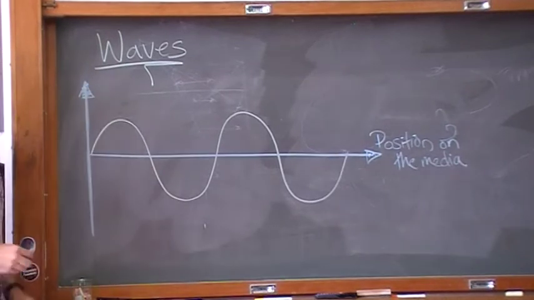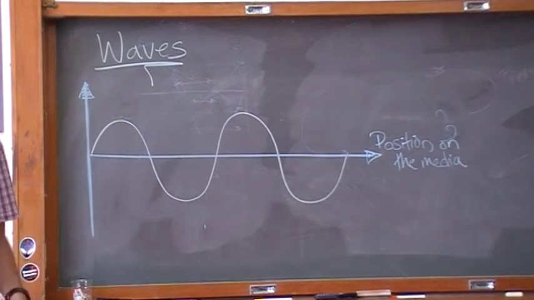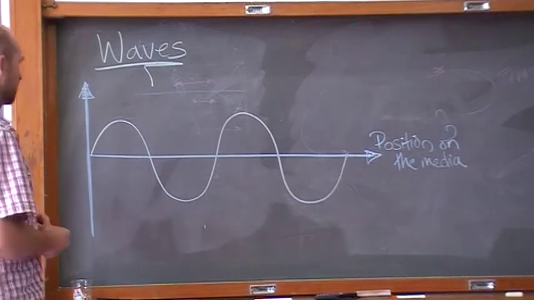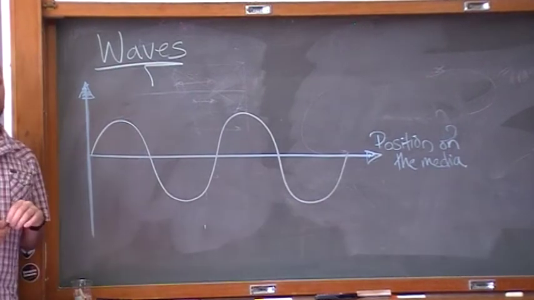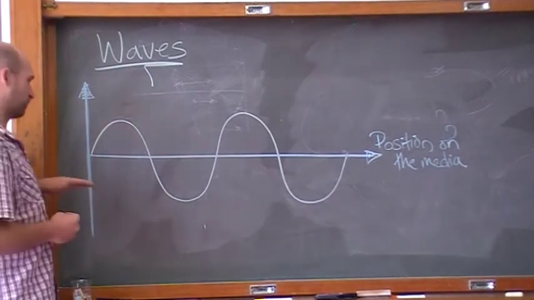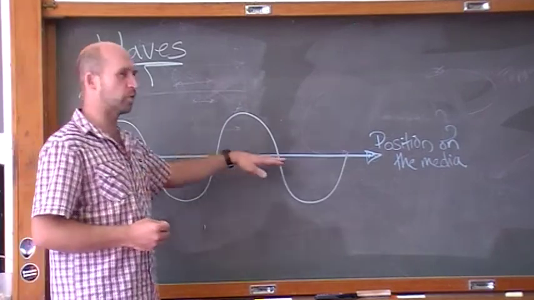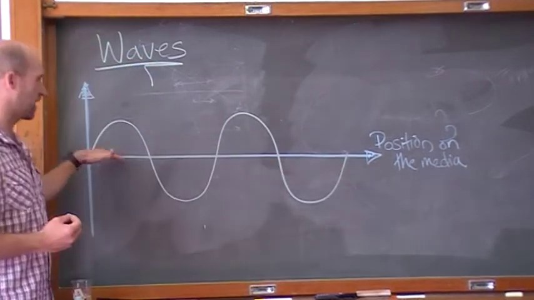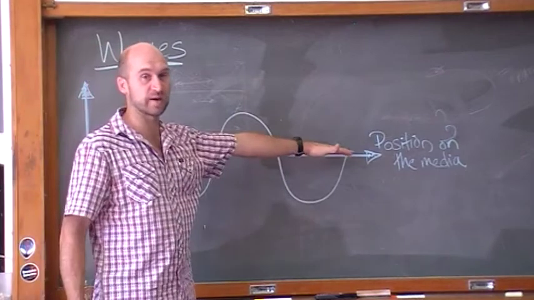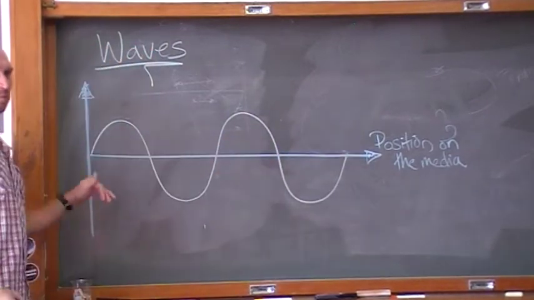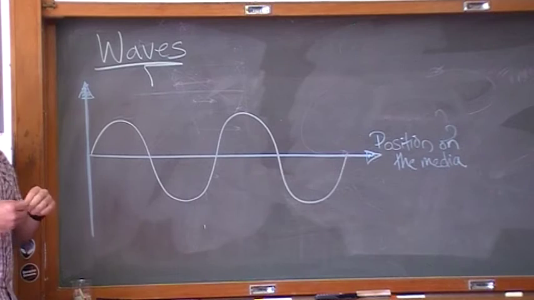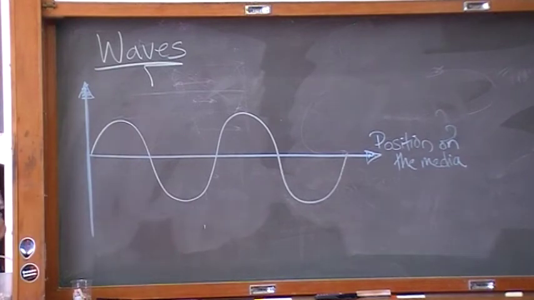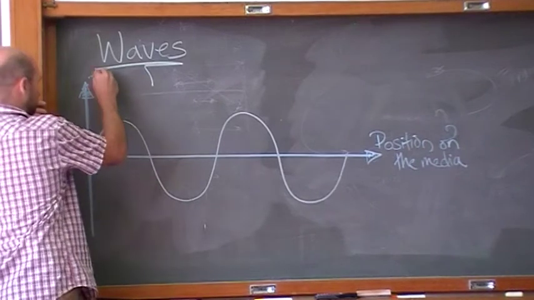And the y-axis, we're going to have this maybe new word for some of you, which is the displacement from the equilibrium. Equilibrium, like where would the water be if there were no waves? It would just be flat along that blue line. And so the y-axis is the displacement, how far the surface of the water has moved from that equilibrium.